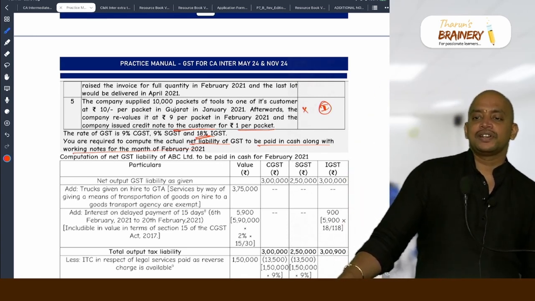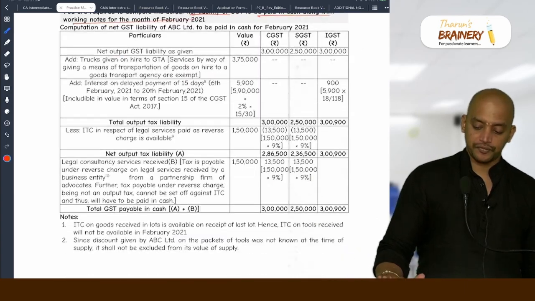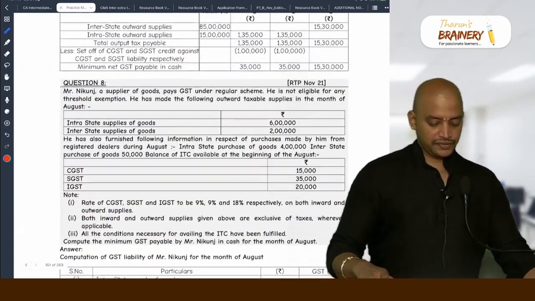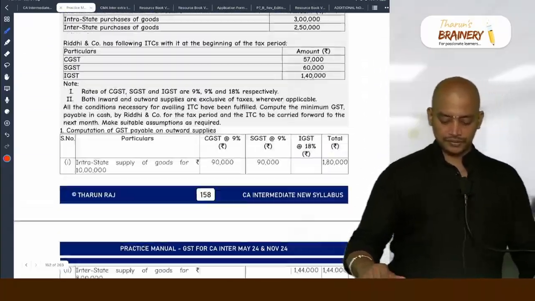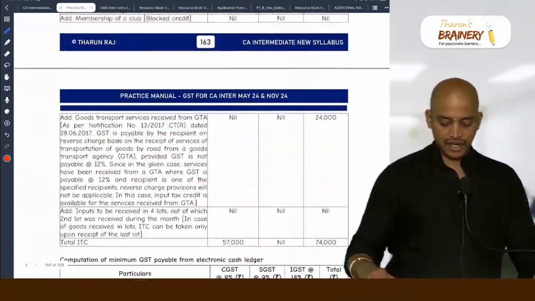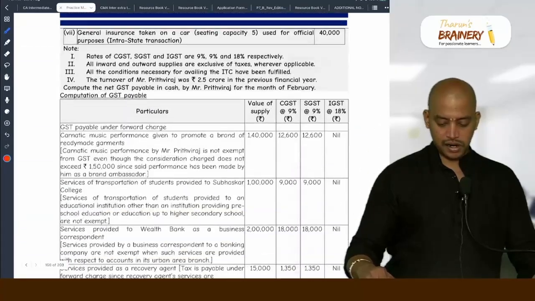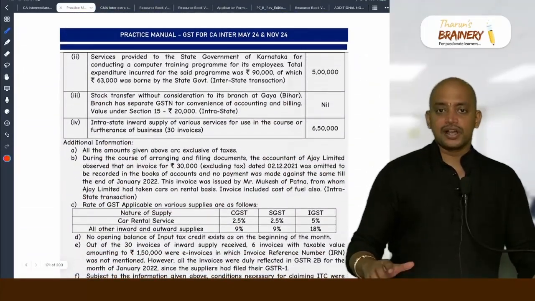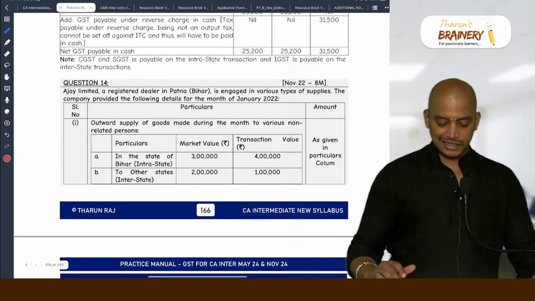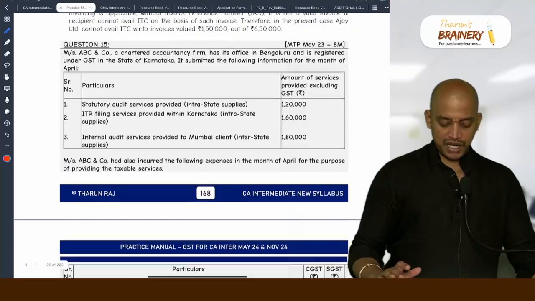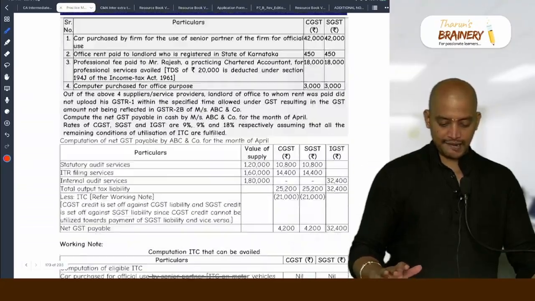So computation of net GST payable. How much? Same, gross GST payable, copy paste.